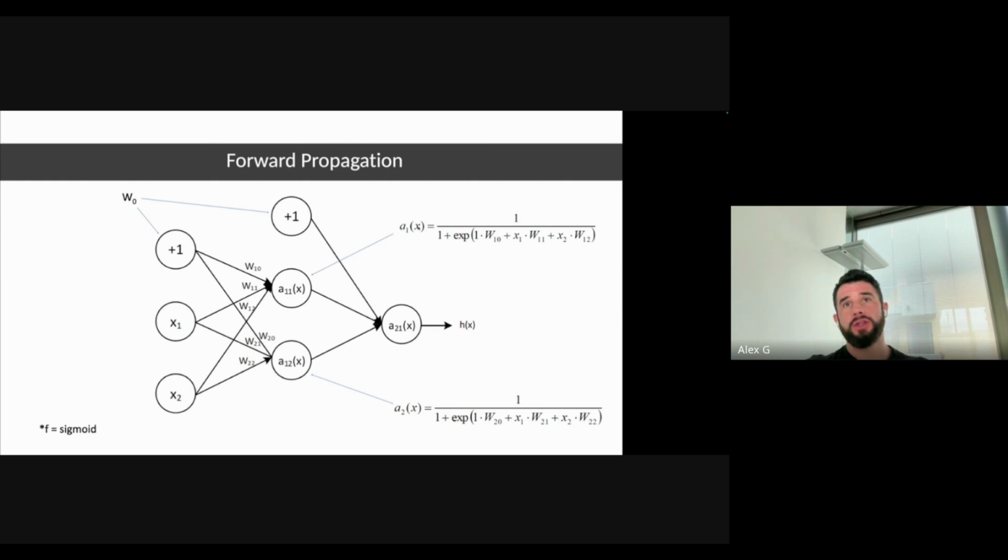See, activation is features multiplied by weights, then passed into the activation function. This is already the sigmoid activation function, right? And then you compute some value, a1 from x, called the activation value. Activation of this neuron, yeah?